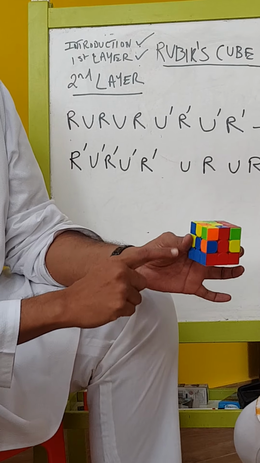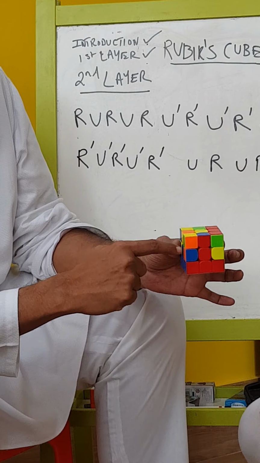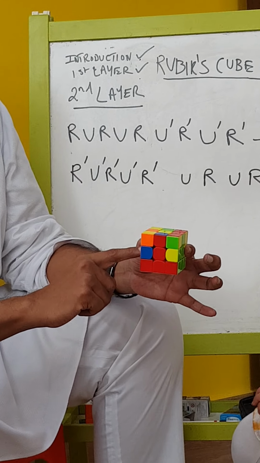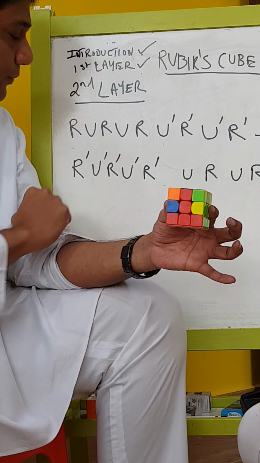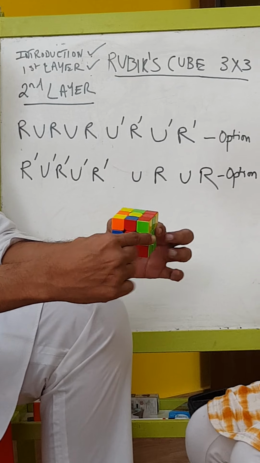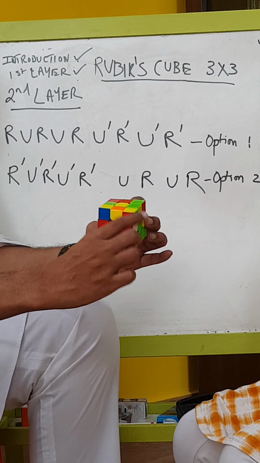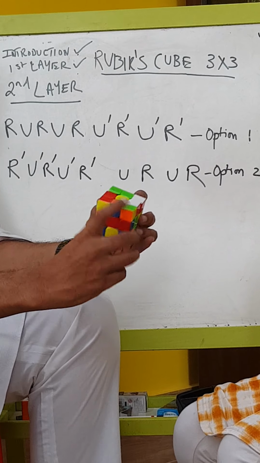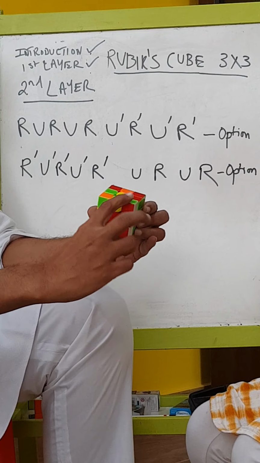Yes, we've got a blue here. It means this blue is in the front. If the blue is in the front, we need to go for option 2. Option 2 is R' U' R' U' R' U R U R.